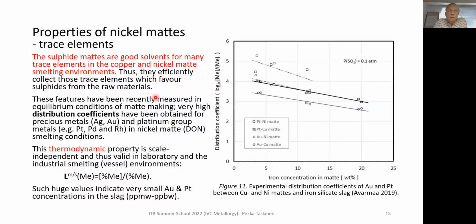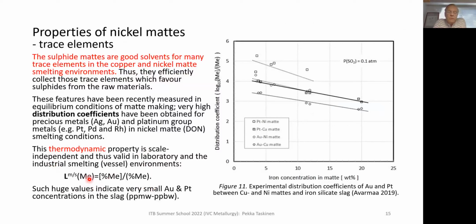As I mentioned, both copper mattes and nickel mattes are very good solvents for many precious metals and platinum group metals, and we have been measuring those distributions in equilibrium conditions. Here the thermodynamic property, which can be measured directly in laboratory, is the distribution coefficient of a certain minority component.